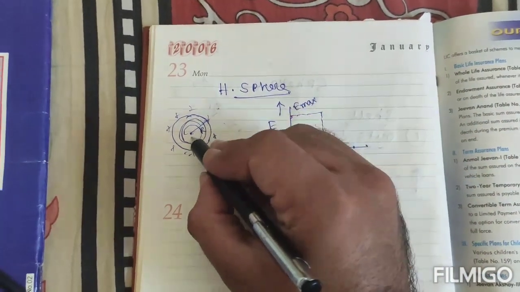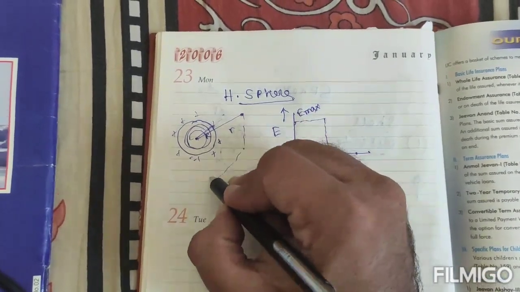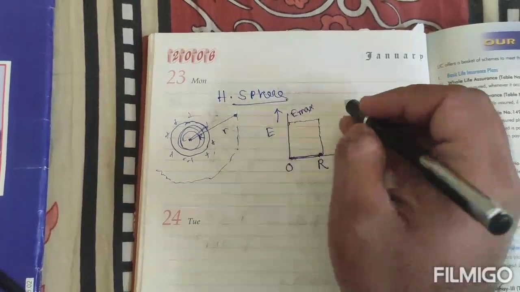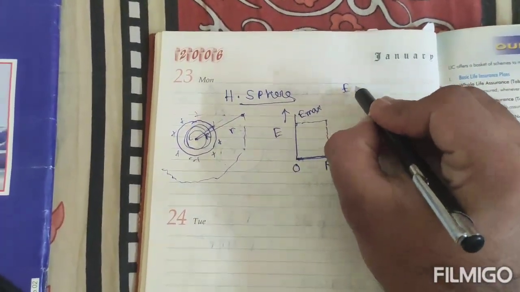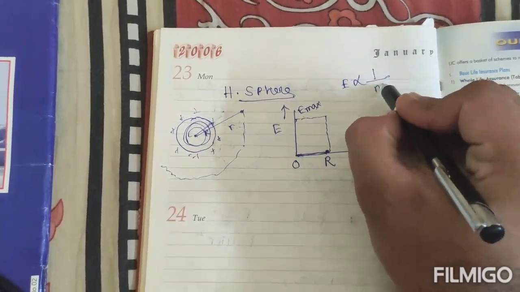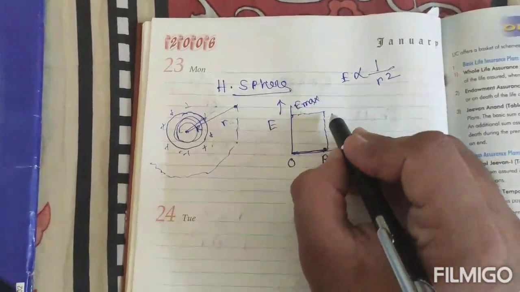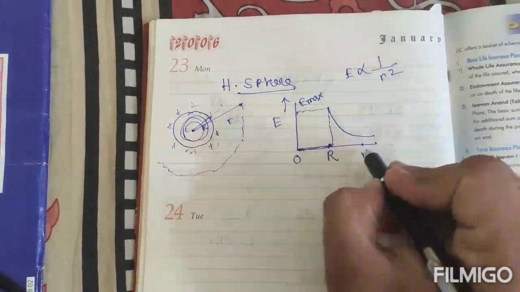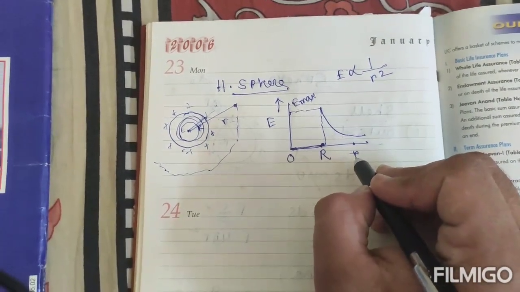After that, when you go outside by enclosing a Gaussian surface, it will gradually decrease, because you know the formula: E is inversely proportional to R square. It will gradually decrease as you go further. This is the graph for the hollow sphere.